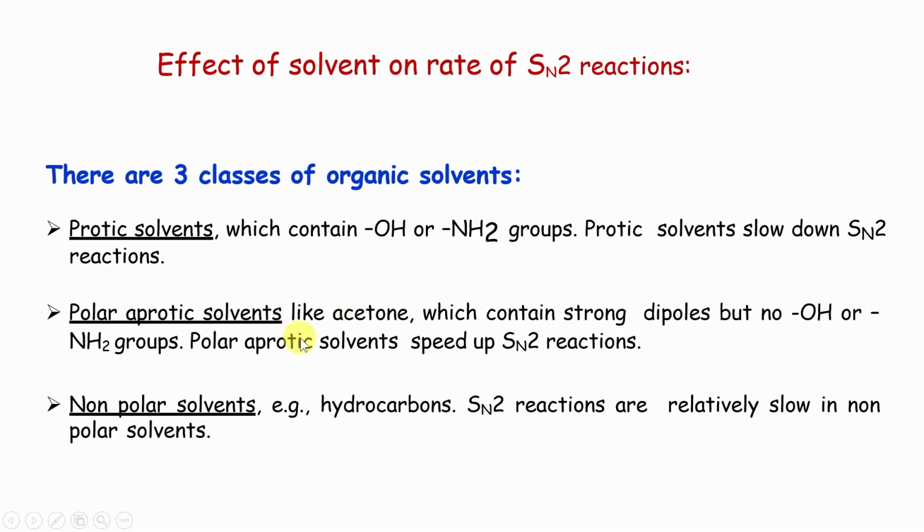Polar aprotic solvents like acetone contain strong dipoles, but no OH or NH2 groups. Polar aprotic solvents usually speed up SN2 reactions. Another class of organic solvent is non-polar solvent like hydrocarbons. SN2 reactions are relatively very slow in non-polar solvents.